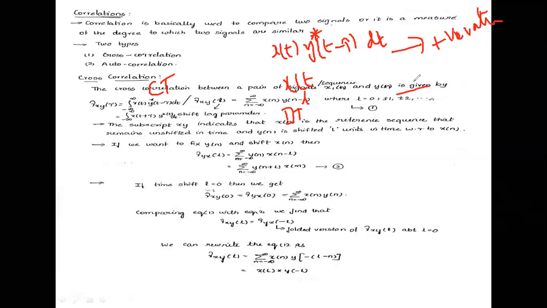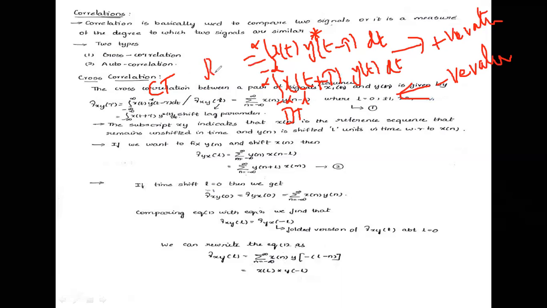If it is shifted towards the negative values, the value becomes x of t plus tau, an advanced signal, y of t dt. Both are integrals from minus infinity to infinity. This is also equal to R x y of tau. You can take the convolution here.